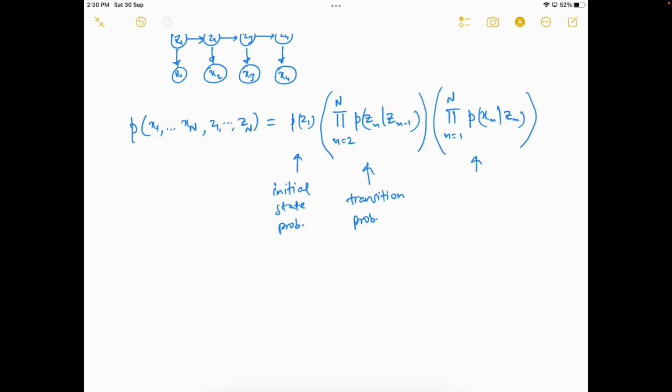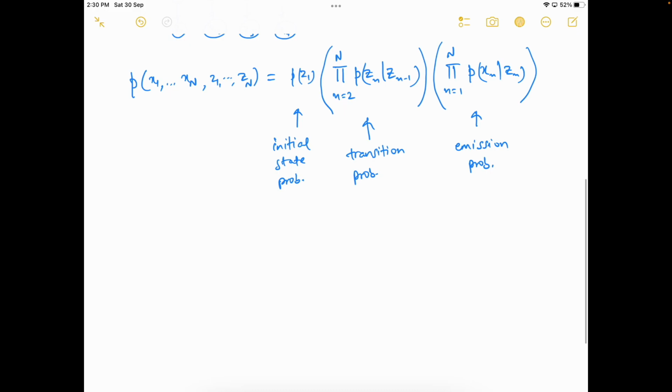And these ones are, what are these ones? Emission probability. Yeah, you can also call it observation probability or emission probability. All right, this is how you write an HMM.